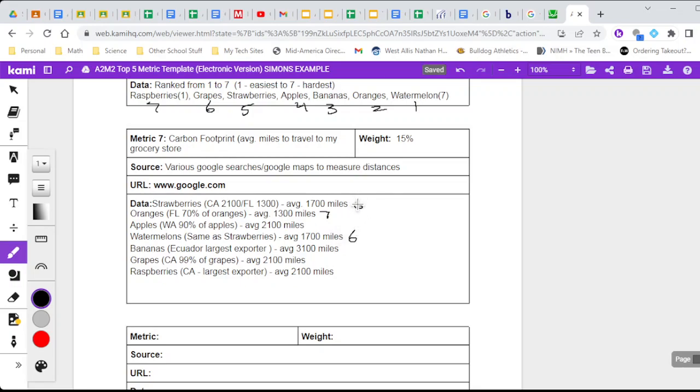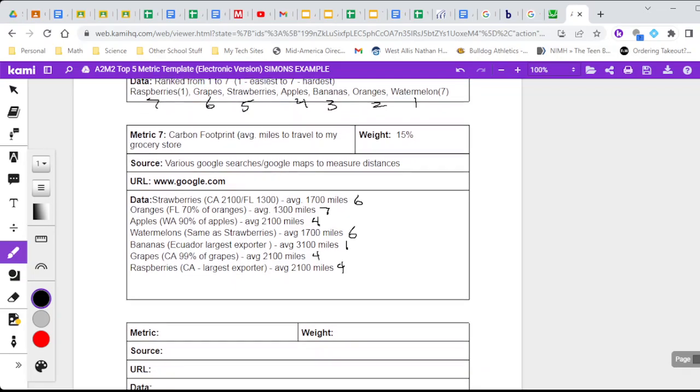So we got that and that, which puts us to fourth. And then we have a three-way tie for fourth, right? So we got 4, 4, 4, and then that would put bananas at 1. All right, because we used up 3, so we used 4, 3, and 2 up for that. And those are all my metrics, all right? And that's how we're doing it.